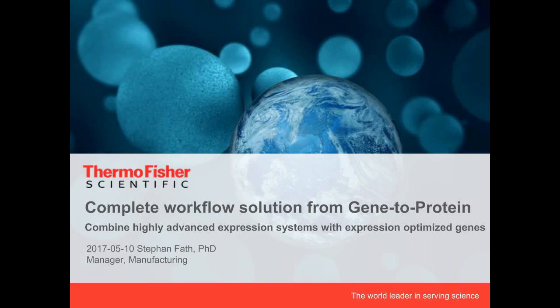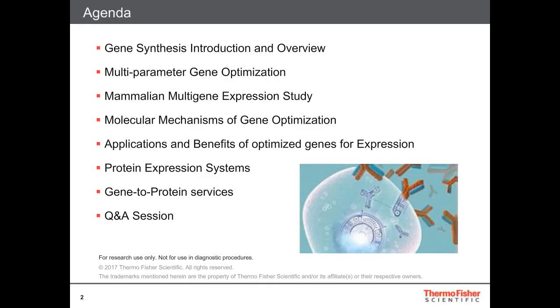I would like to start my talk with a quick look at the agenda, basically show you what will be covered during this talk. I will start out with a very brief and short introduction to gene synthesis. I will introduce you to our multi-parameter gene optimization approach and basically show you data how this optimization approach actually benefits protein expression.